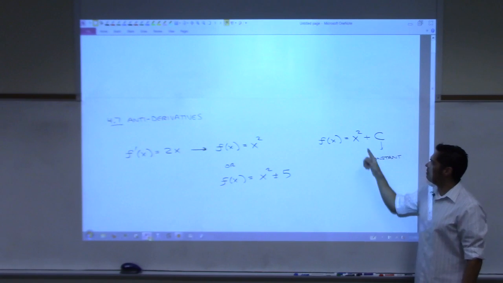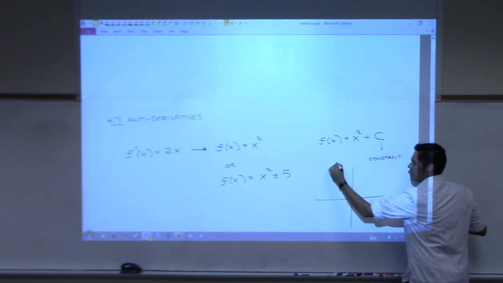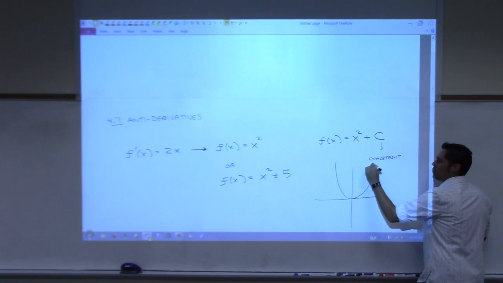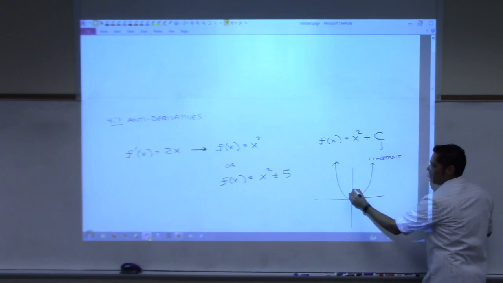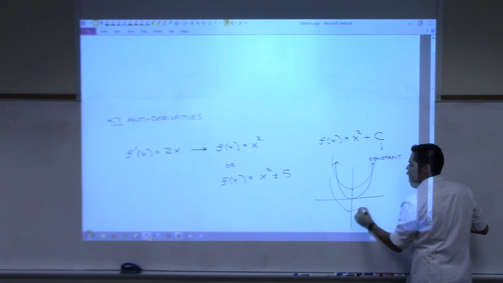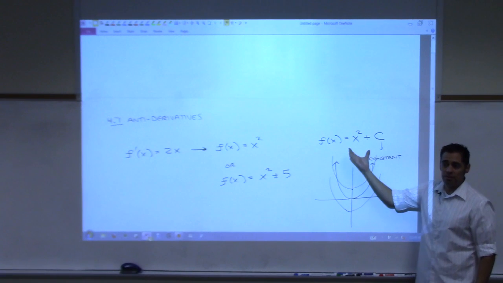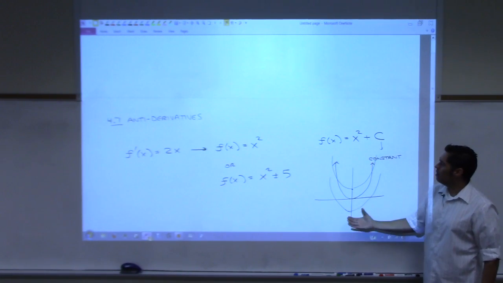If you take a look at this as a family of functions, here's x squared plus 0. X squared plus 1 would be this one. X squared minus 1 would be this one. And if you take all the different combinations, you create this entire family of functions.